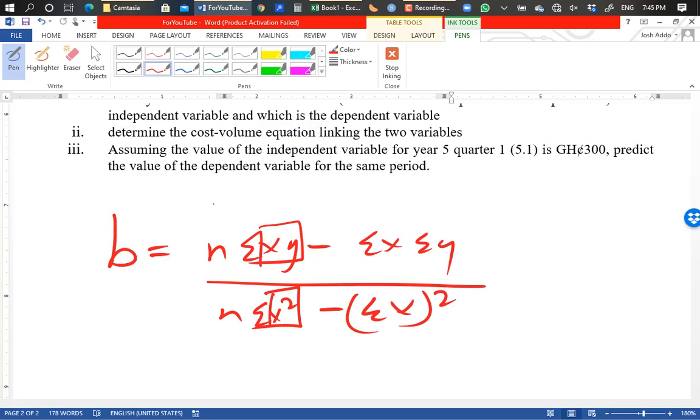Once the value of b is determined, we go ahead to determine the value of a. And we all know how the value of a is determined.